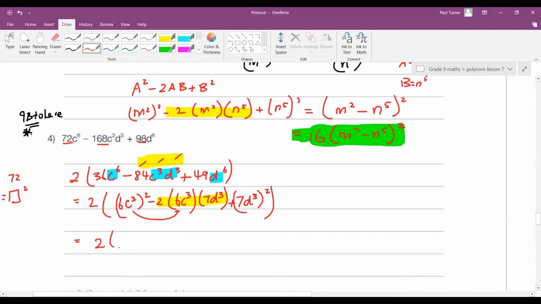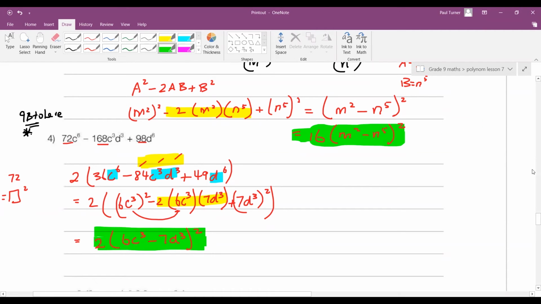So you've got 2, and you'll have 6C3 minus 7D3 all squared. So that's your final answer. This is your perfect square there. And you can expand it and check yourself. So green for answer, that one there.